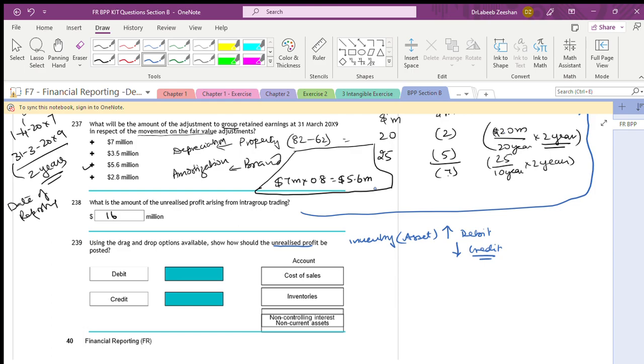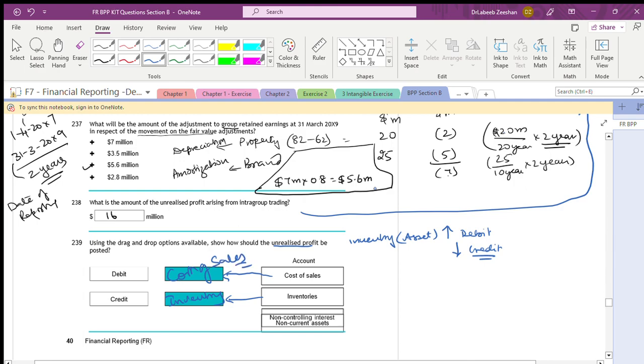It is an intergroup company sale. When that is the case, we have to credit the inventory. Now, what is the corresponding element? We don't have NCI here. Where are we doing this adjustment? We are doing this adjustment in the cost of sales.